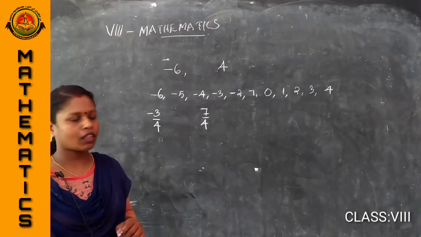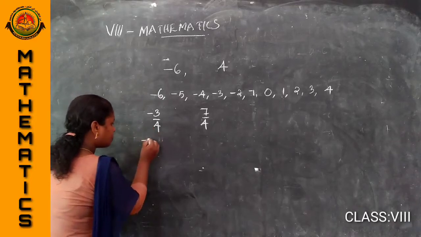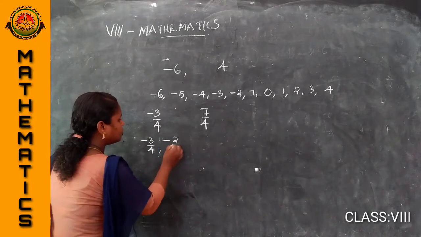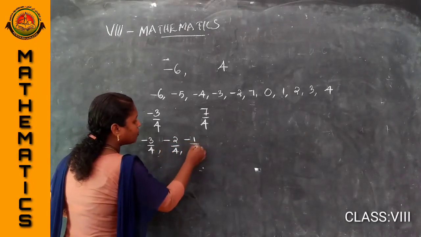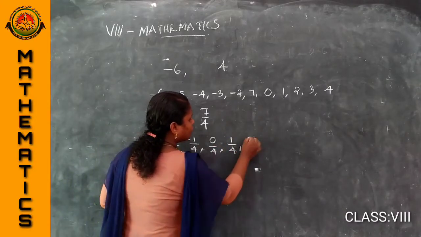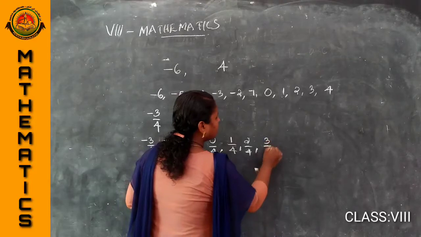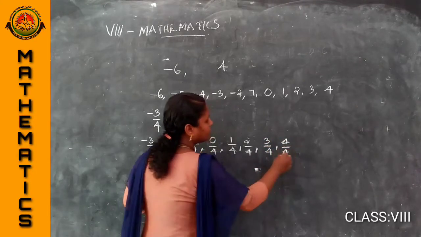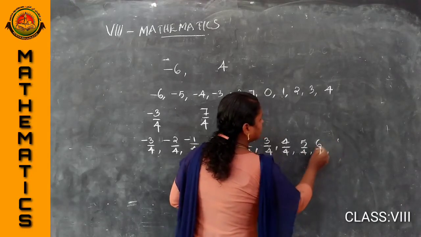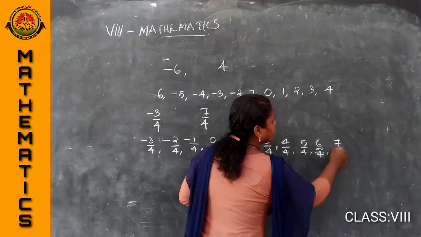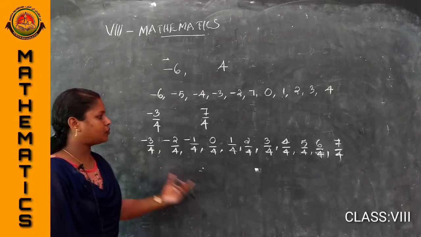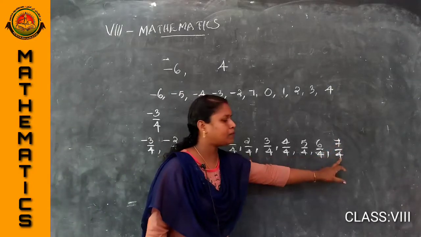Starting from -3/4, the next number is -2/4, then -1/4, 0/4, 1/4, 2/4, 3/4, 4/4, 5/4, 6/4, and then 7/4.